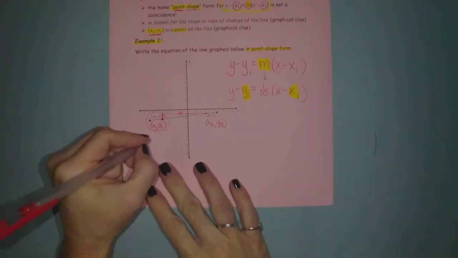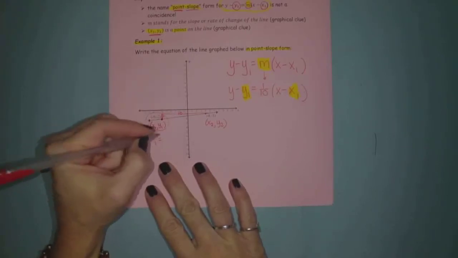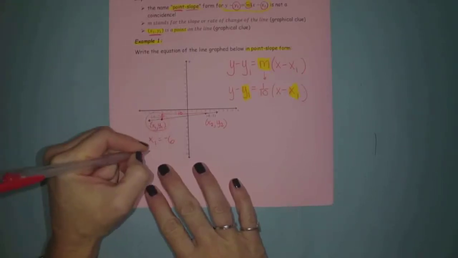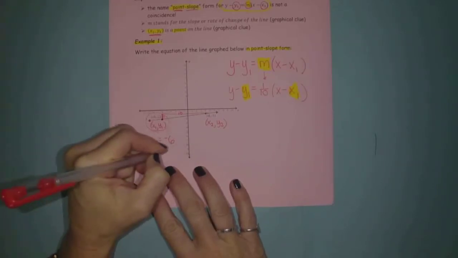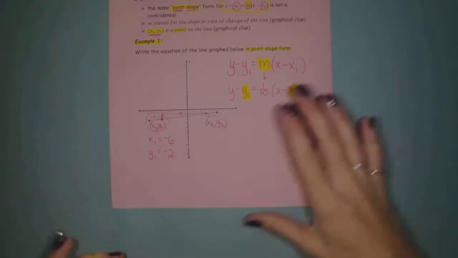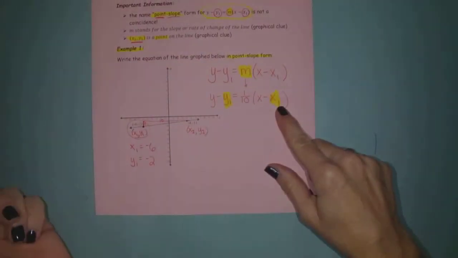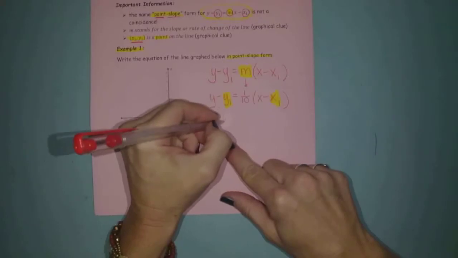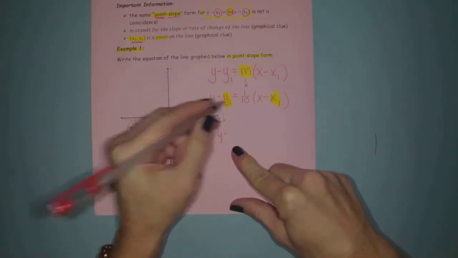Okay, so let's write down, x sub 1 is hooked up with the number -6, and y sub 1 is hooked up with the number -2. Okay? So bringing those values and plugging them back here, this is what we're going to have. Bringing this down, y minus, now, y sub 1.